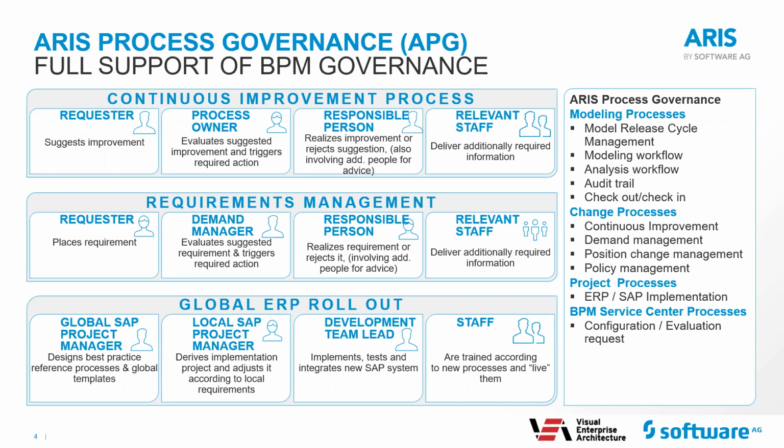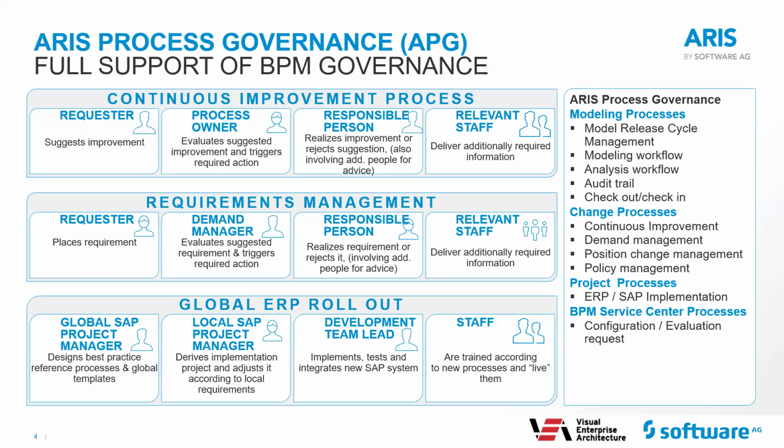We also have things such as change processes, continuous improvement, demand management, position change management, policy management. There's also an ERP SAP implementation to support project processes, and then BPM service center processes under configuration and evaluation request. So we look at the three examples here.